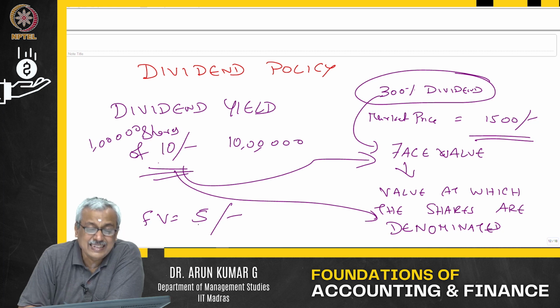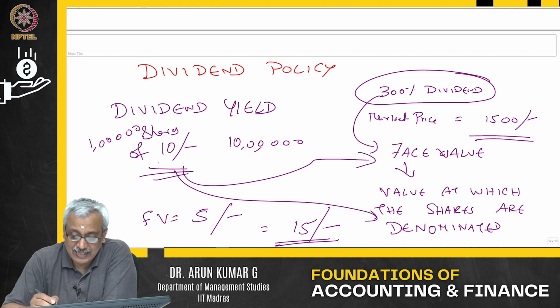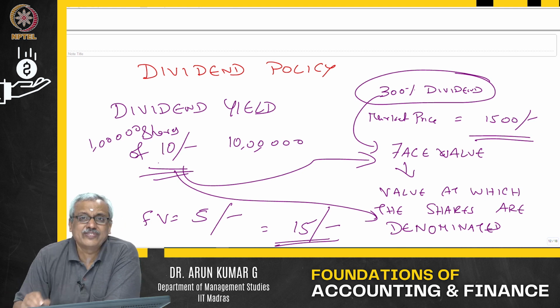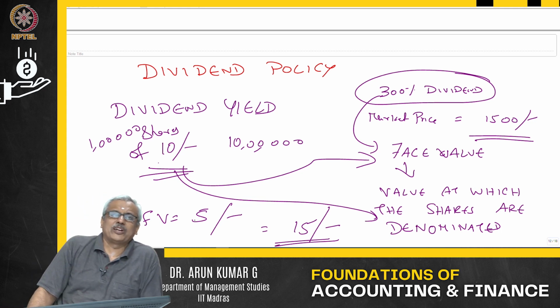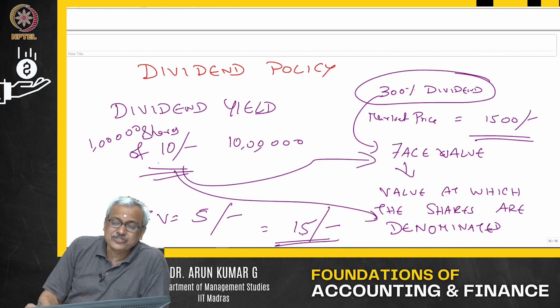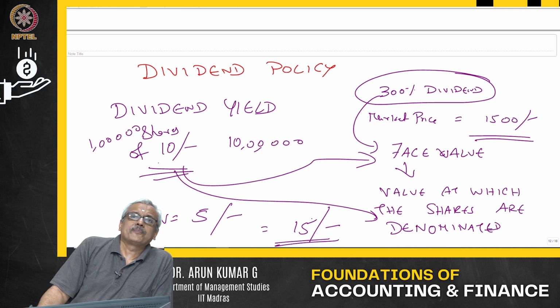That means 300% of 5 rupees, only 15 rupees, not 300% of 1500. You have bought it at 1500, but the company has it at a face value of 5 rupees. So they will give you 300% of 5 rupees, that is 15 rupees.